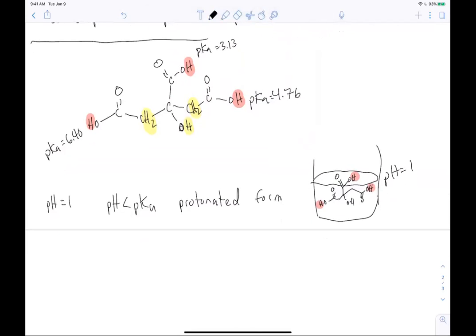As I start to increase the pH though, let's say now my pH is equal to 4. For some of these, like this one, it's above the pKa, so that one's going to be off.